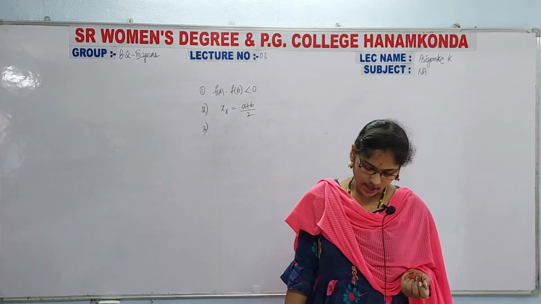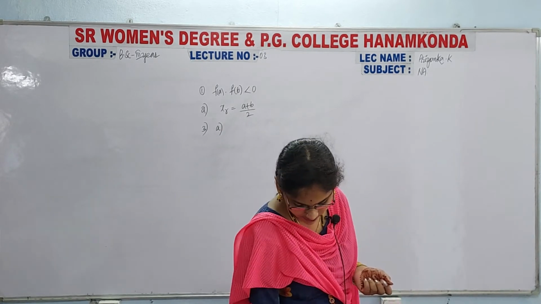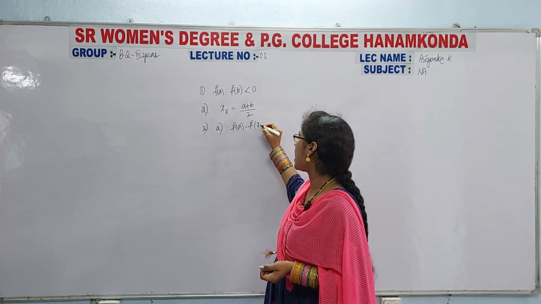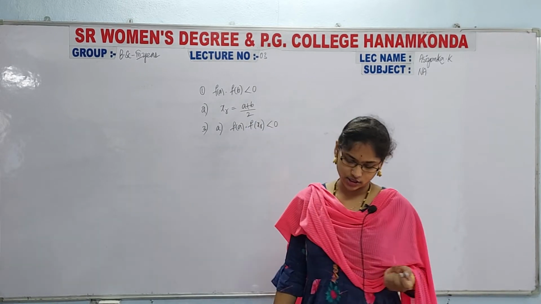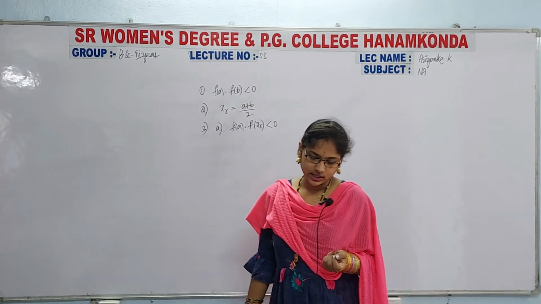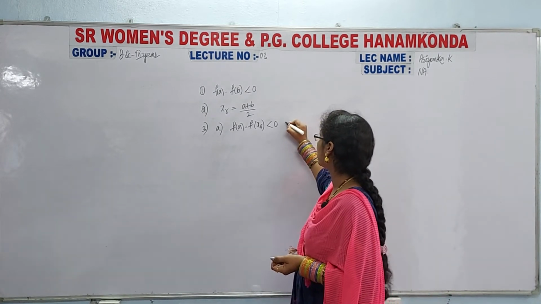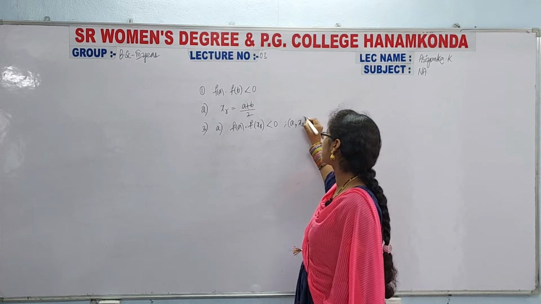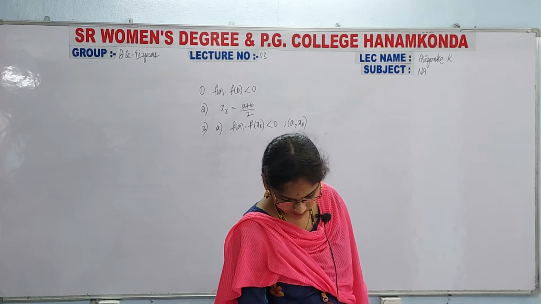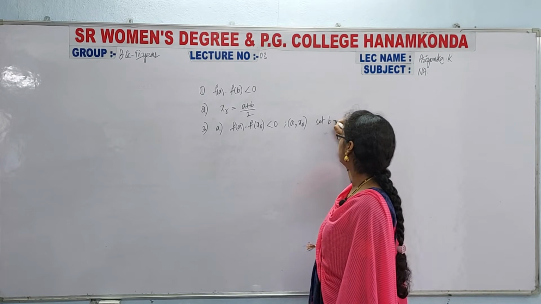Third point write down. In the third point again we have sub points. Now write down a1: if f of a into f of xr is less than 0, then the root lies in the interval a comma xr, then set b is equal to xr.